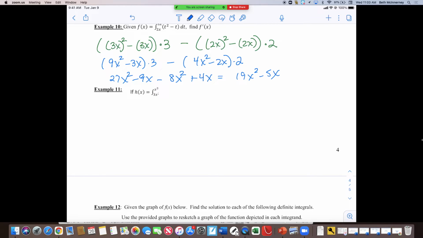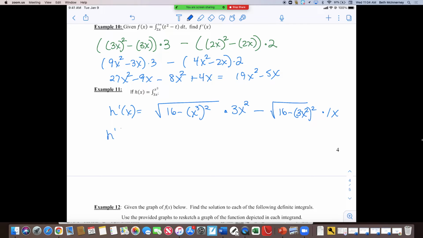All right, so I'm going to go ahead and start this one. My function isn't showing up. H prime of x is the square root of 16 minus x cubed squared times that derivative, which is 3x squared, minus the square root of 16 minus 3x squared squared times 6x.